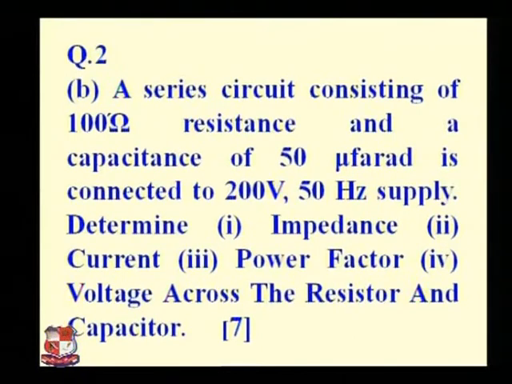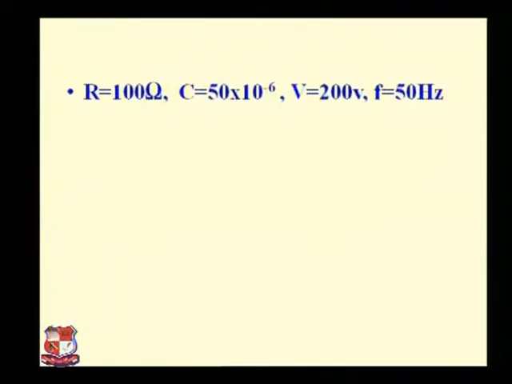Determine impedance, power factor and voltage across the resistor and capacitor. So few data is given here. R equal to 100 ohm, C equal to 50 into 10 raised to minus 6, voltage is 200 volt and frequency is 50 hertz.